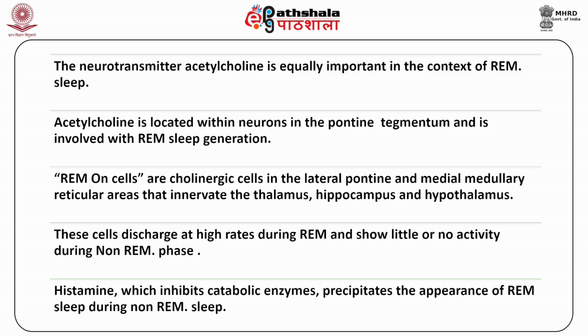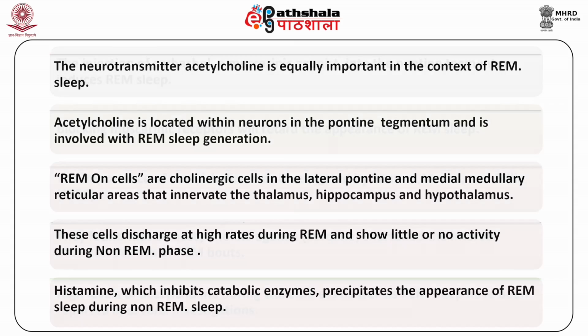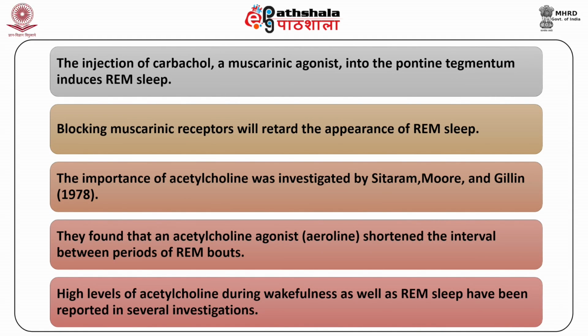Histamine, which inhibits catabolic enzymes, precipitates the appearance of REM sleep during non-REM sleep. The injection of carbachol, a muscarinic agonist, into the pontine tegmentum induces REM sleep. Blocking muscarinic receptors will retard the appearance of REM sleep.